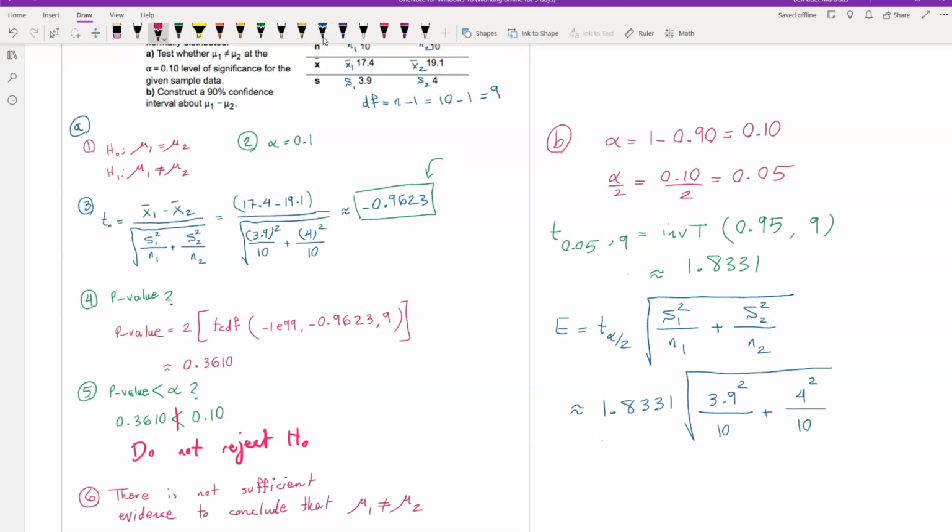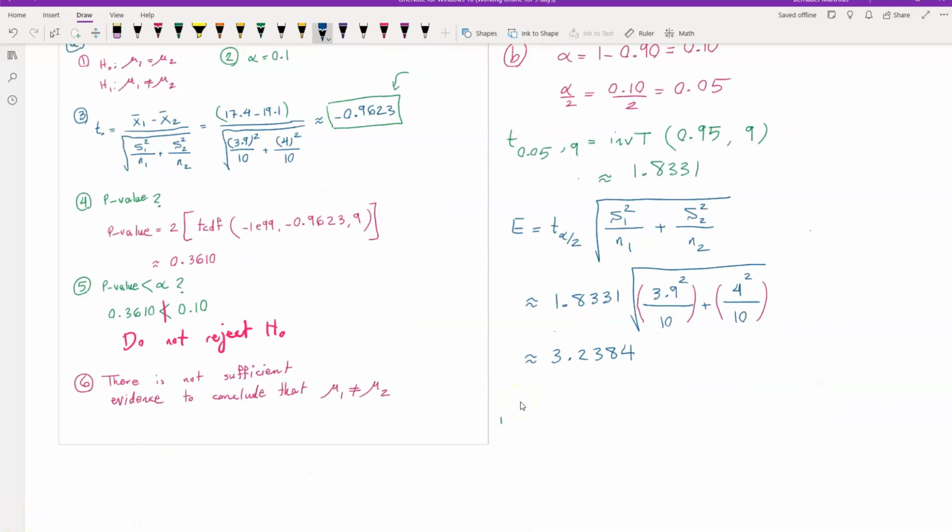When you're trying to enter these into a calculator, it's better to use parentheses here. Again, I'm going to round to 4 decimal places, and that is 3.2384.